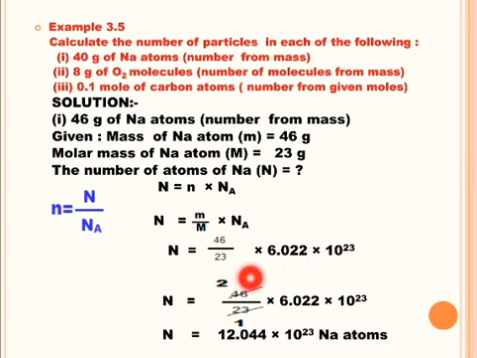So divide 46 by 23, we get 2, and multiply 2 with this 6.022 into 10 raised to power 23, and number of atoms in 46 grams of sodium atoms will come out to be 12.044 into 10 raised to power 23 atoms. So in this way we can calculate the number of particles, here the number of sodium atoms, from its mass given. Right?